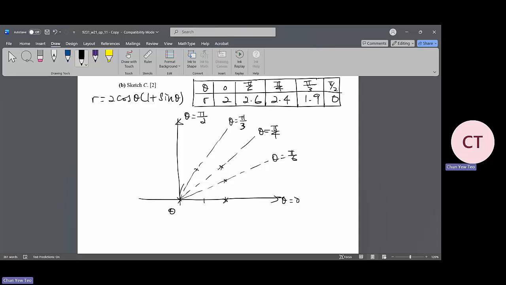So this will be your graph. Your graph will look something like that. This is the answer for question number 6B.